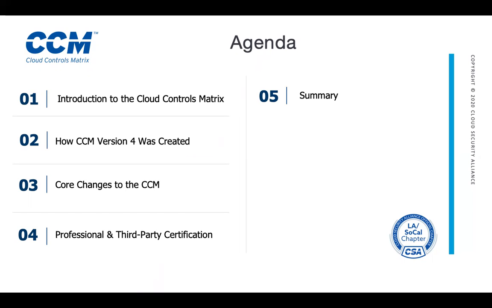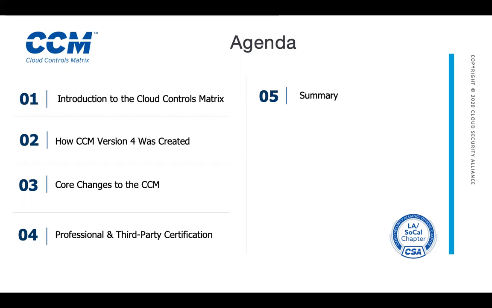So some of these questions are: why did we need a new version of CCM in the first place? Was there any baseline or requirements that the V4 development was based on? And what, of course, is new that the V4 brings along in comparison to the V3, and how is that useful to organizations?